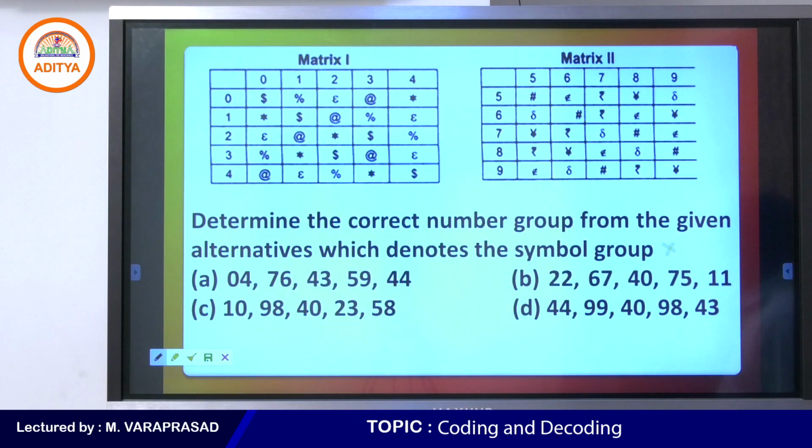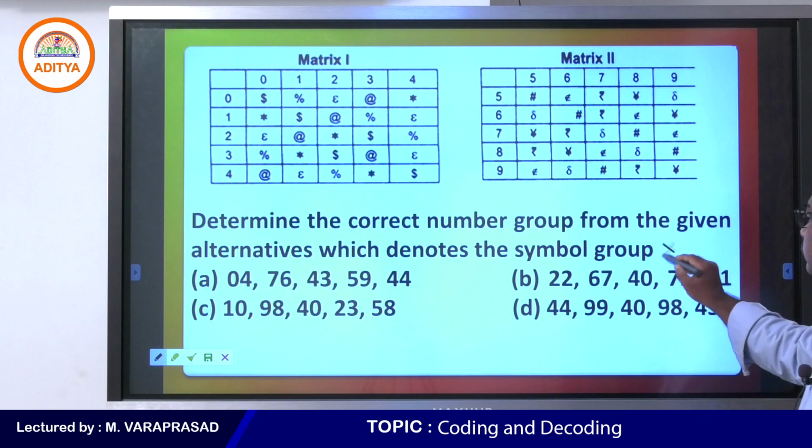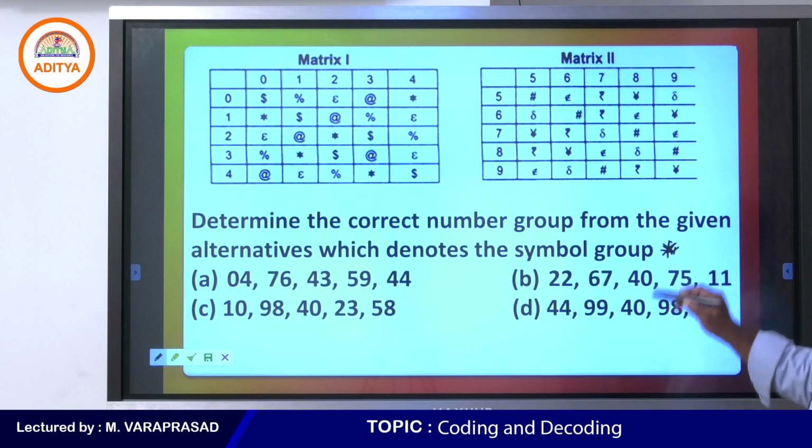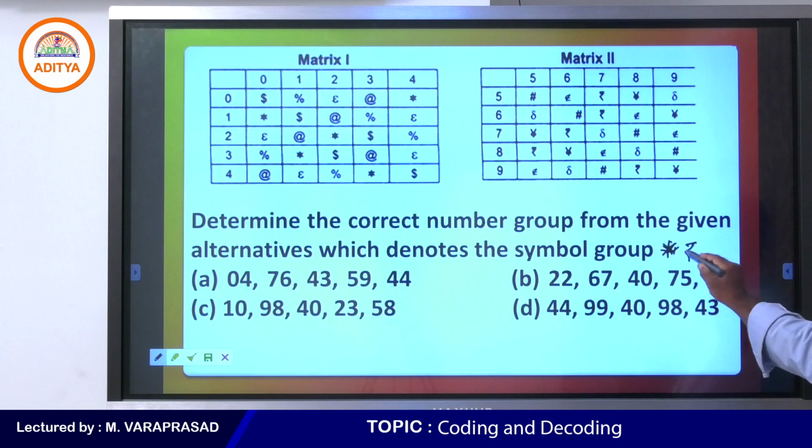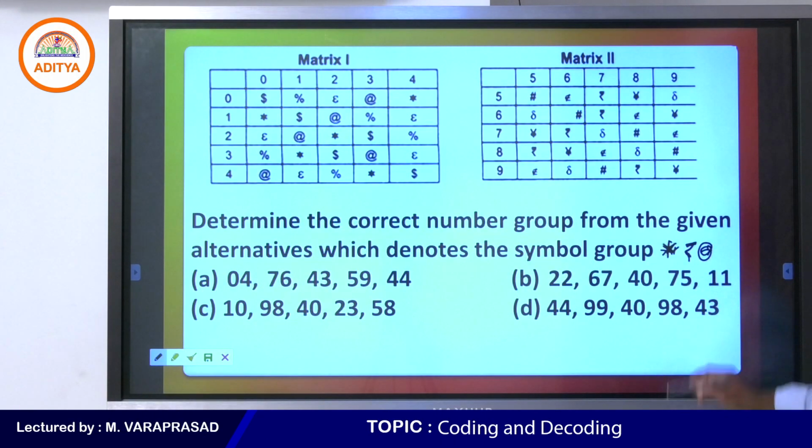The question is: star, rupee, at the rate, this symbol and this one.